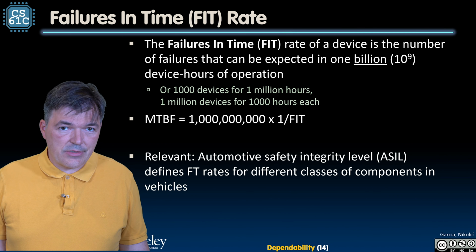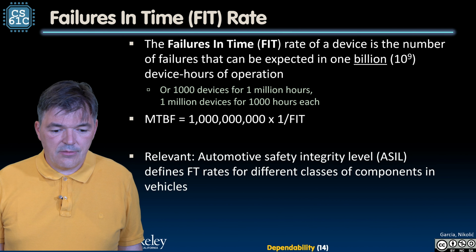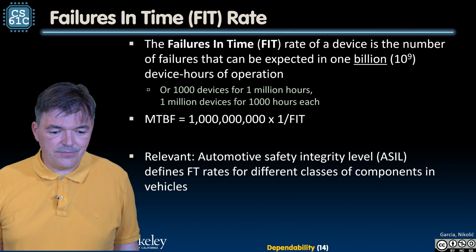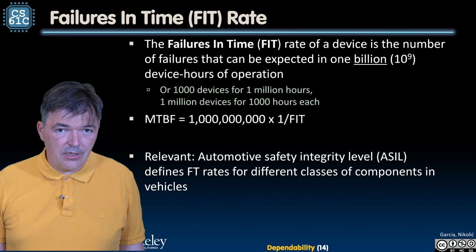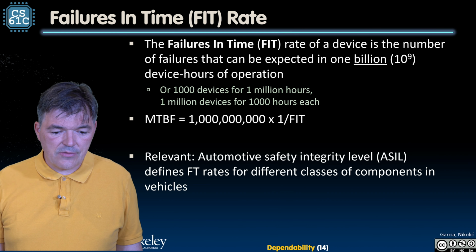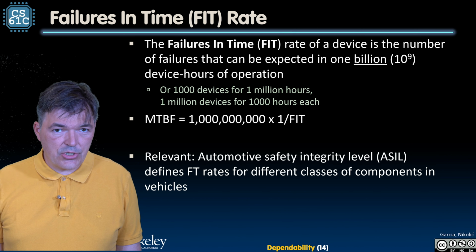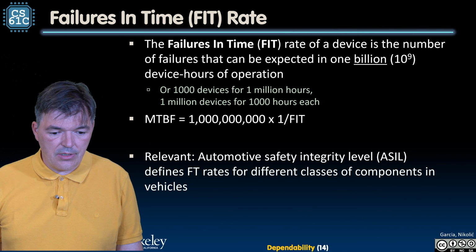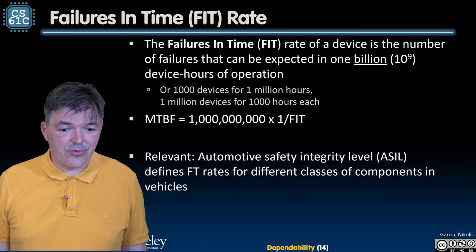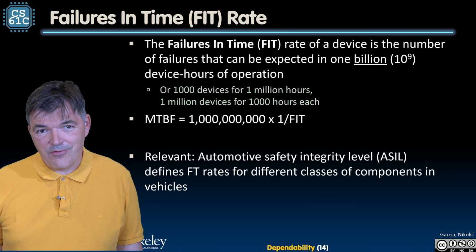I mean, 1 billion hours is something that sounds unimaginable, but imagine that we have many of these devices operating at the same time. So that means 1,000 devices for 1 million hours, or 1 million devices for 1,000 hours each would end up failing, or 1 billion devices, which is approximately how many smartphones we have out there, would be failing every hour.